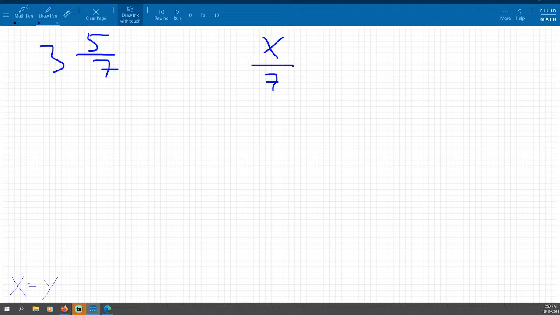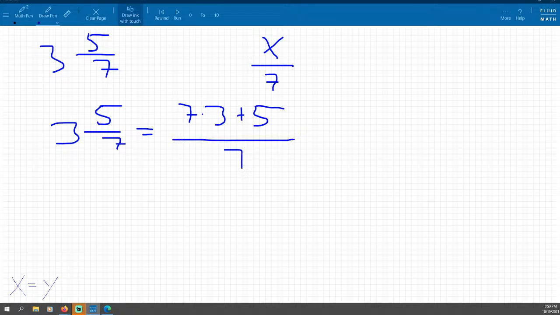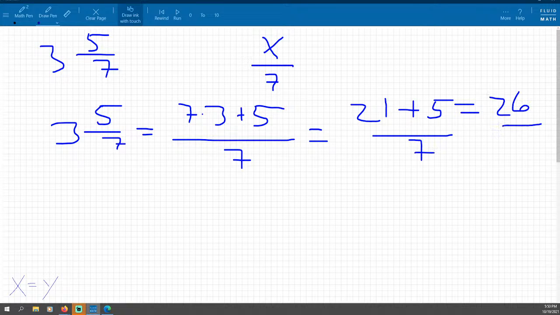So what we're going to get here is 3 and 5/7 equals, we're going to multiply 7 times 3, and then add the numerator. That's going to go over 7. So 7 times 3 is 21, and we're going to add 5. So that equals 26. So your answer is 26 over 7.